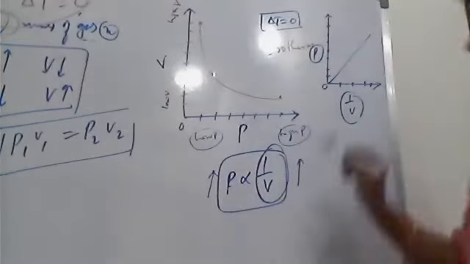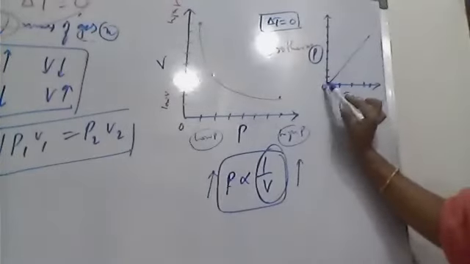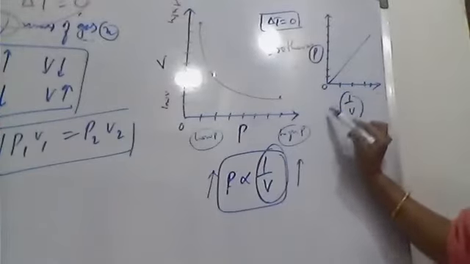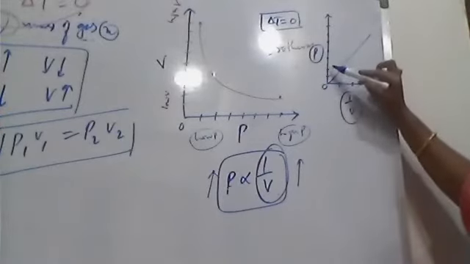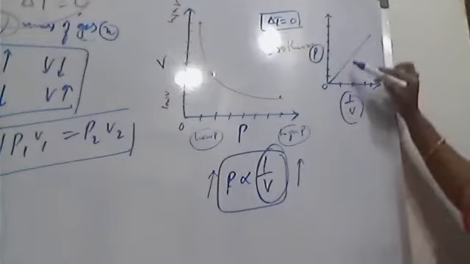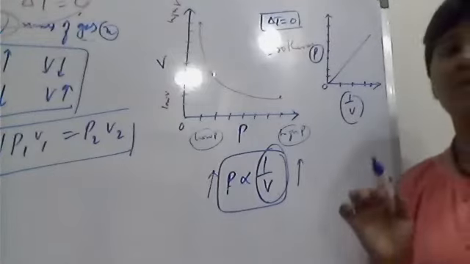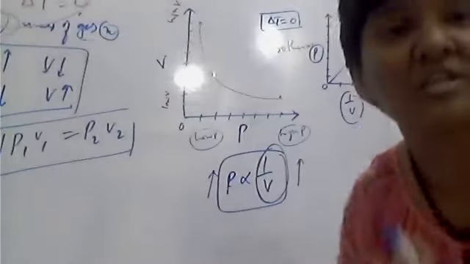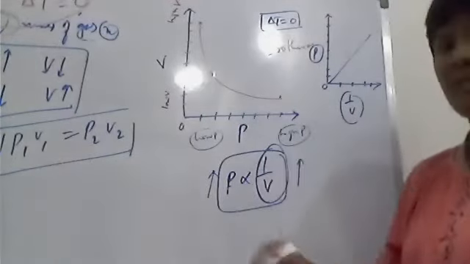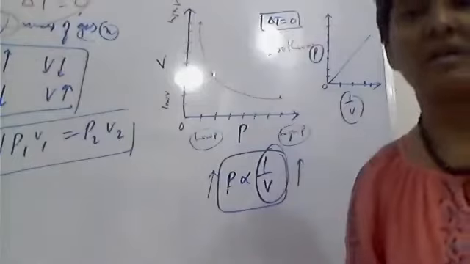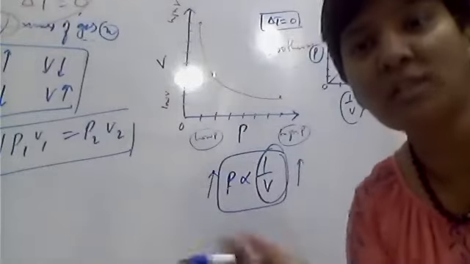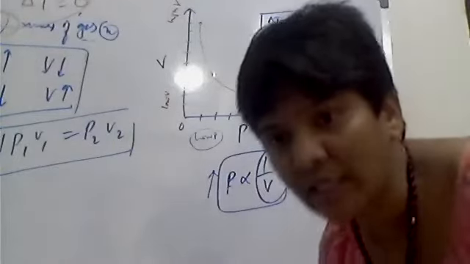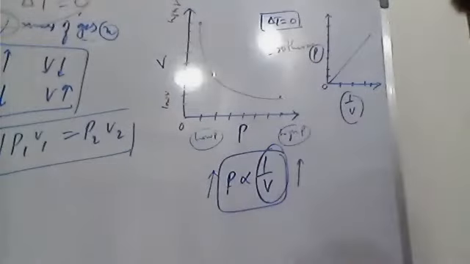A straight line. So here pressure is 0, 1 by V is 0. Then slowly P increases, 1 by V increases. You have to understand inversely proportional and proportional relations. Inversely means one increases, the other decreases. Proportional means both increase. Okay. And next graph.